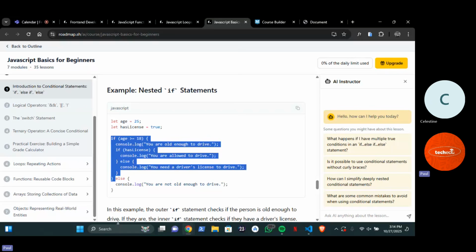So sometimes you can have nested if statements inside of each other. Let me write it out so you can see what I'm saying.